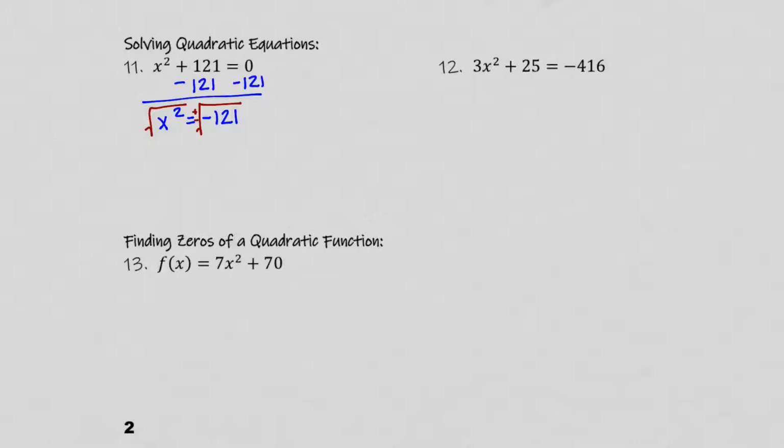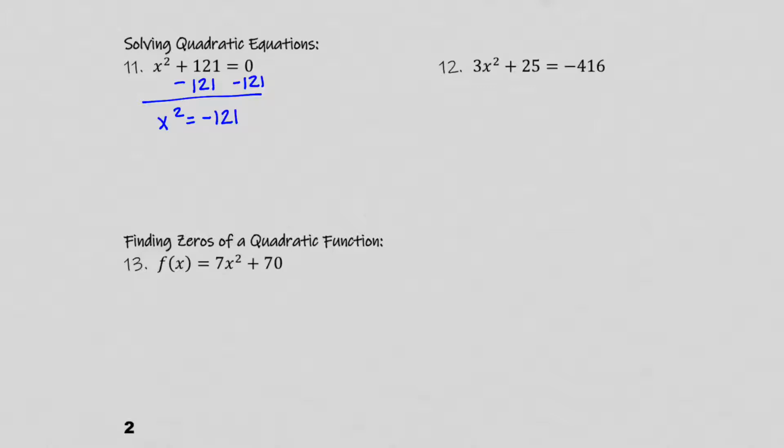Because remember, no matter what x is, if x was 3 and I square it, I'm going to get 9. Well, if x is negative 3 and I square it, I'm still going to get 9. So no matter what x is, positive or negative, you get that answer.